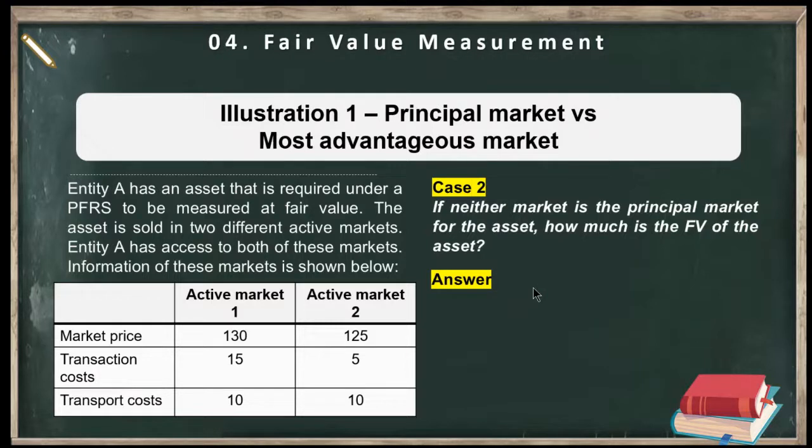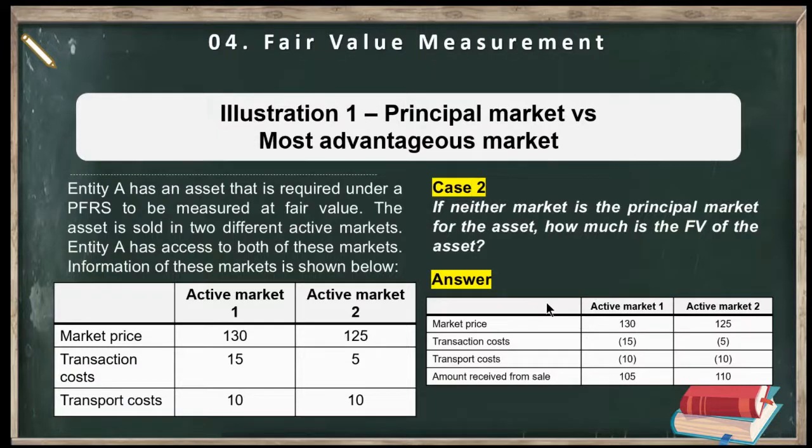So, in this case, we need to identify the most advantageous market. So, how do we determine the most advantageous market? We need to consider here the transaction cost to identify the most advantageous market. But again, we will not adjust for the transport cost. Balik ta.